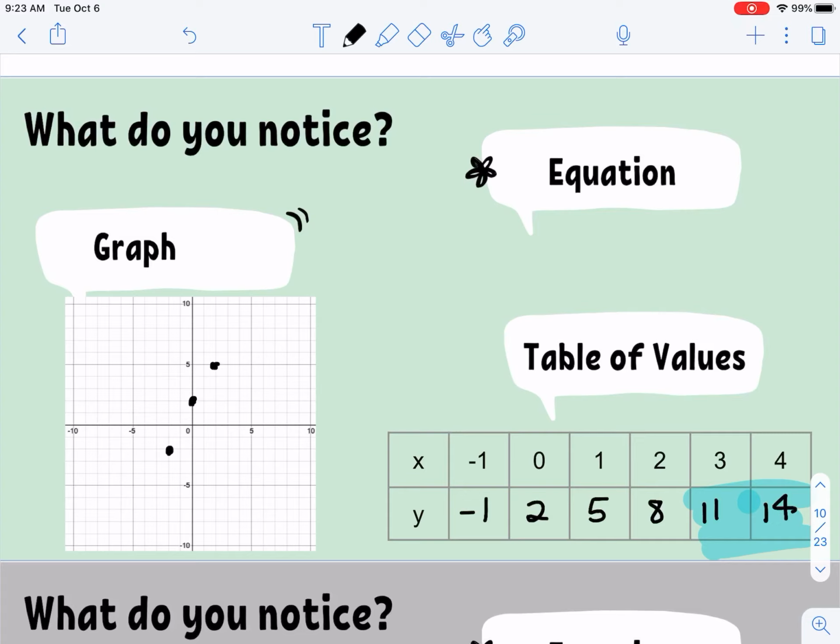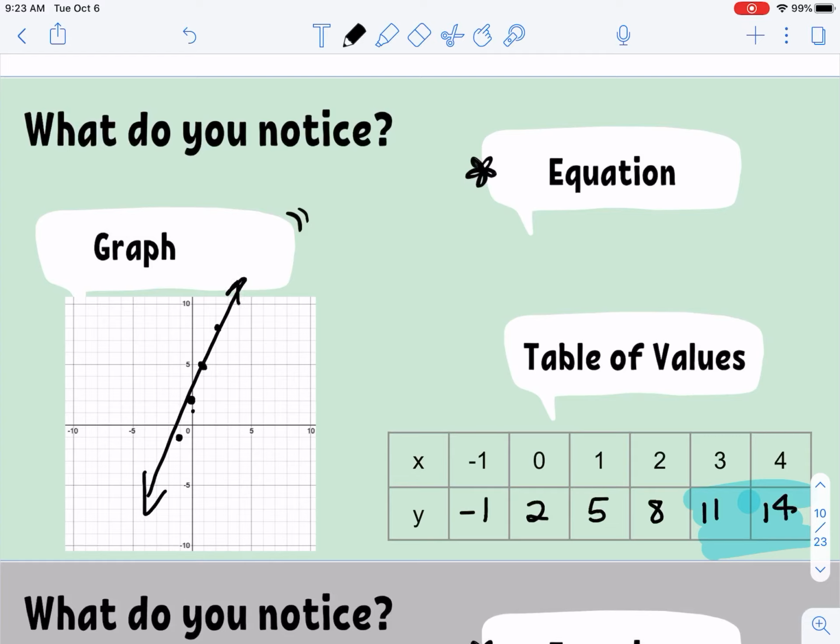Oops. The scale on this one is different. Let me redo that. (-1, -1), (0, 2), (1, 5), (2, 8). Okay. Now I recognize here that I'm not going to be able to do those other points, right? So there we go. And I notice, it's a line. It still lines up.